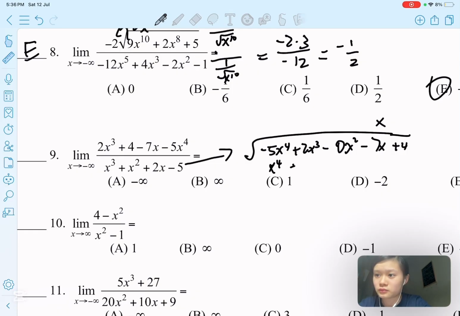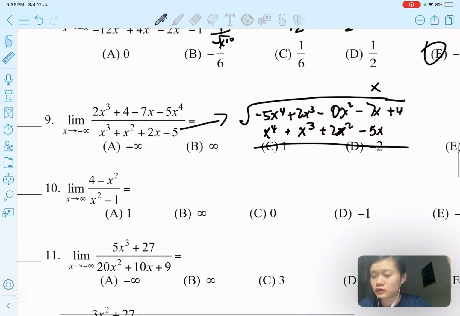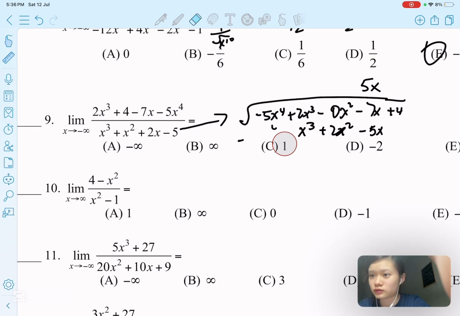Right, and then this would be x^4 plus x^3 plus 2x^2 minus 5. Minus that, 5, -1 is -6x^4. Oh shoot, that's supposed to be a 5. Sorry, I haven't brushed up my long division in a long time. 5x^4.